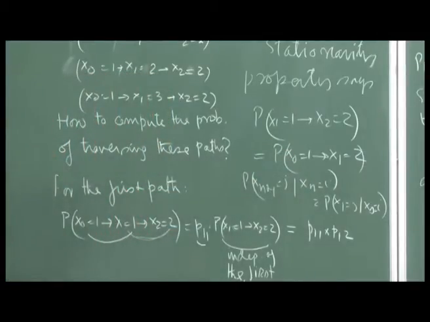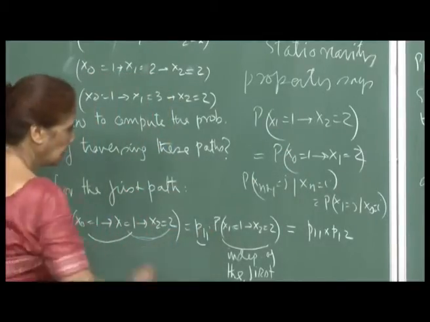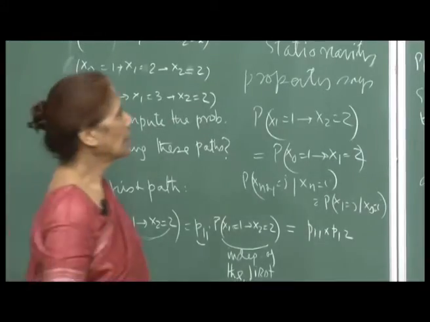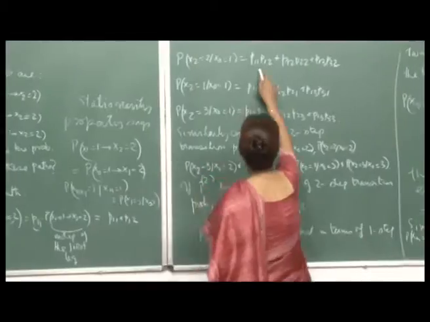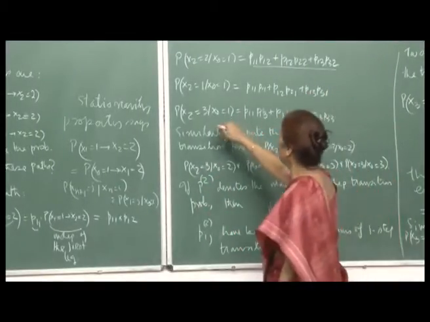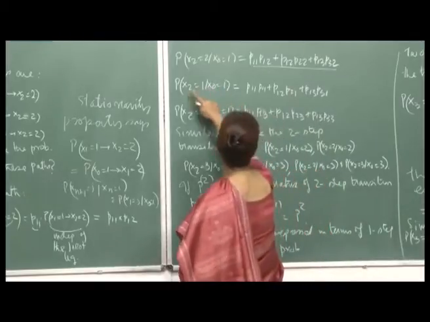Okay. Therefore, we are able to write down the probability of traversing these paths, and I have written them down here for all the 3 paths. This is for the first path, this is for the second one, because you are going from 1 to 2 and then 2 to 2.